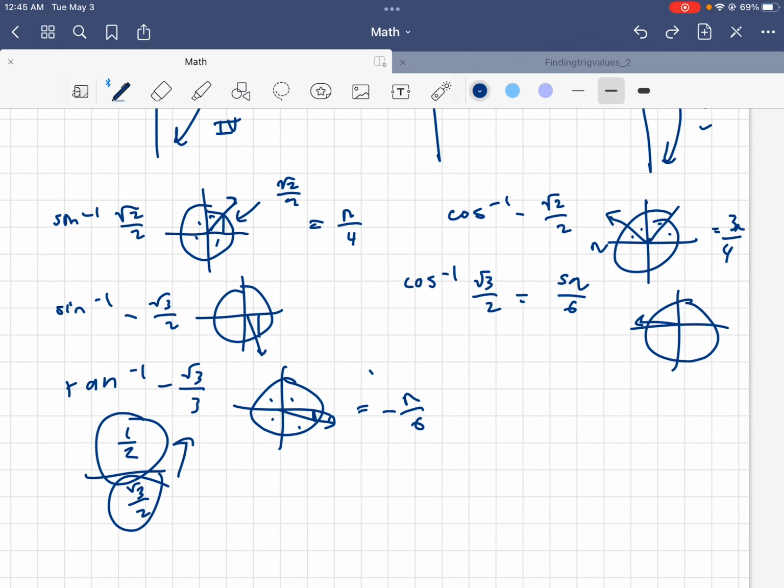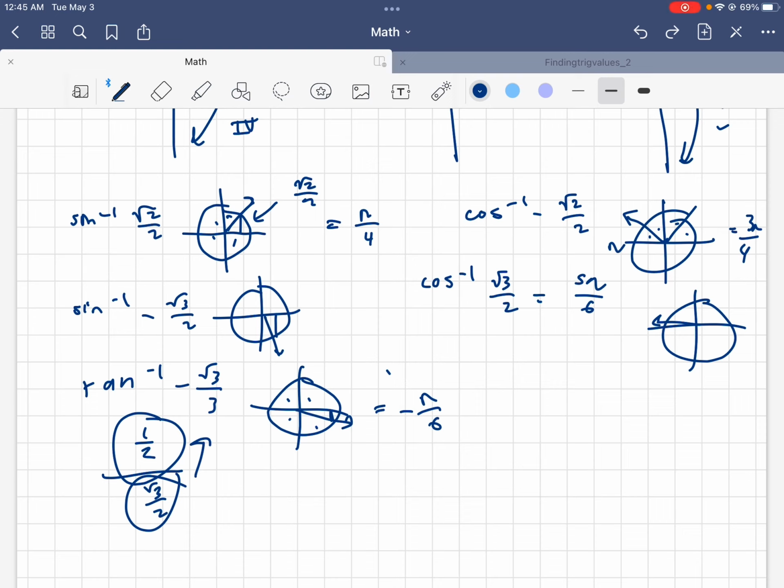Let's do another example of tan. So let's do tan inverse of negative square root of 3. You're going to want one where the opposite is square root of 3 over 2 and the adjacent is 1/2, and that will give you square root of 3.